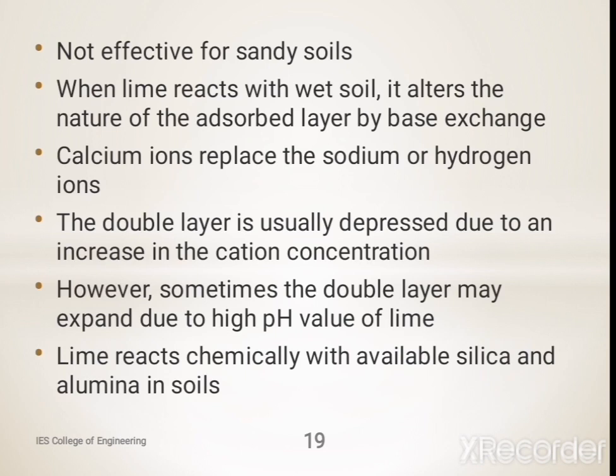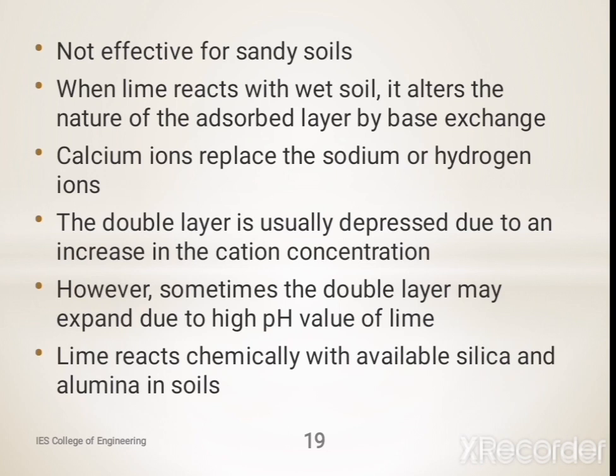When lime reacts with wet soil, it alters the nature of the adsorbed layer by base exchange. Calcium ions replace the sodium or hydrogen ions. The double layer is usually depressed due to an increase in cation concentration.